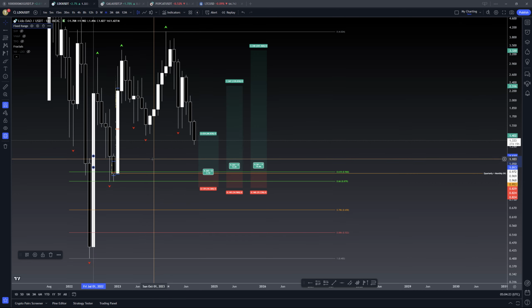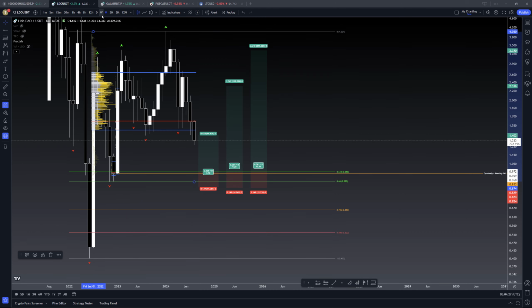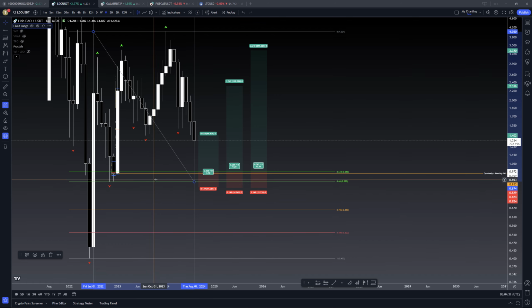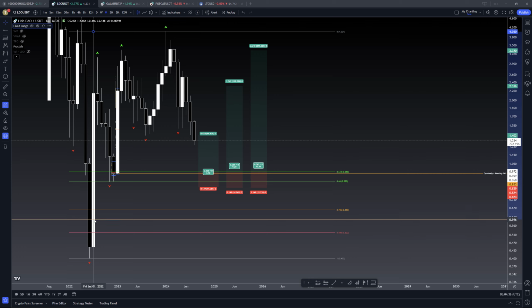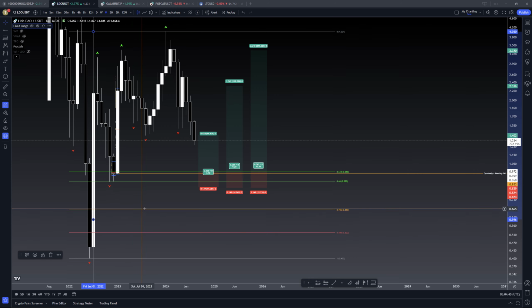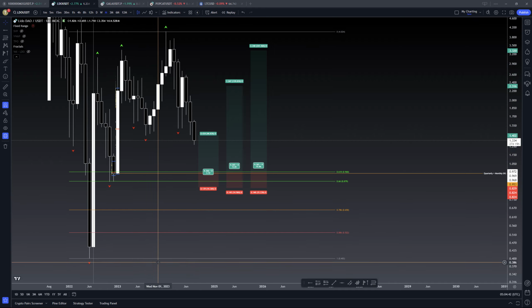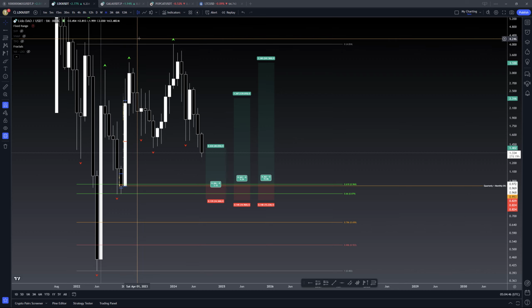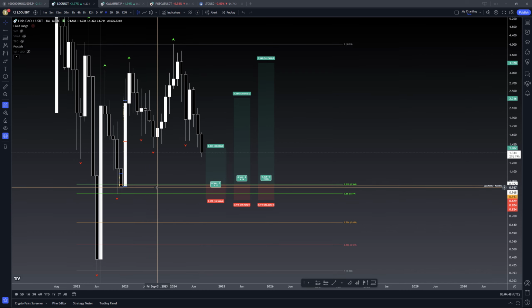It won't even go extended? Interesting. Let's take a look at it. Okay, so let's see if we can switch it back to not extended. A little tip for y'all there. Come on. Not going to grant it. All right.